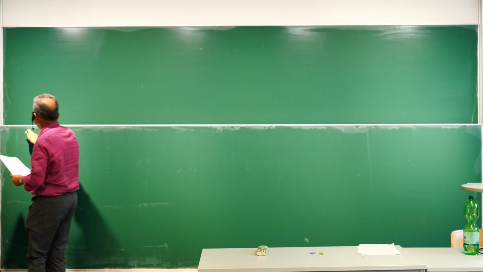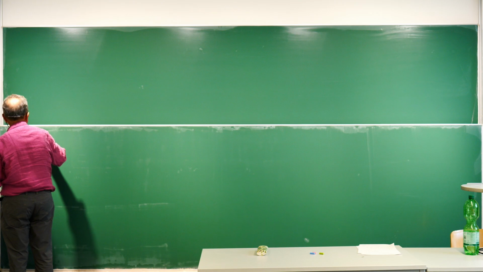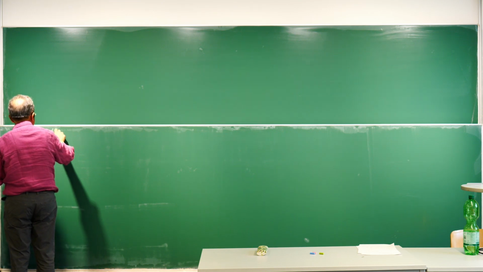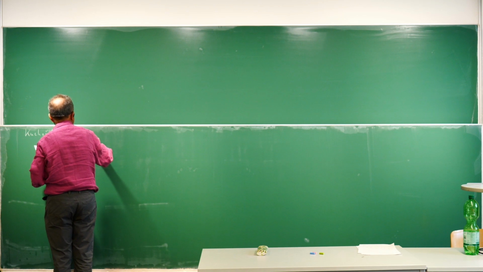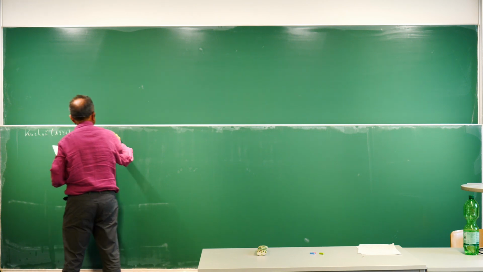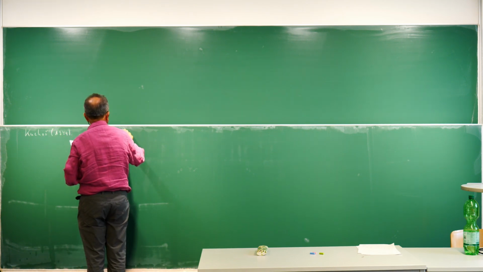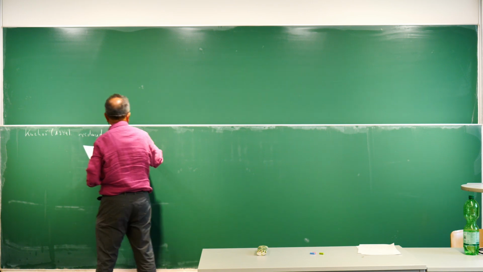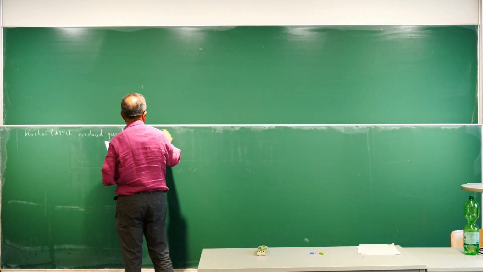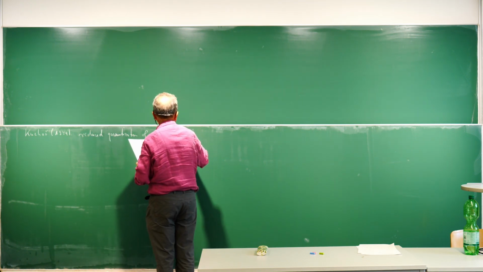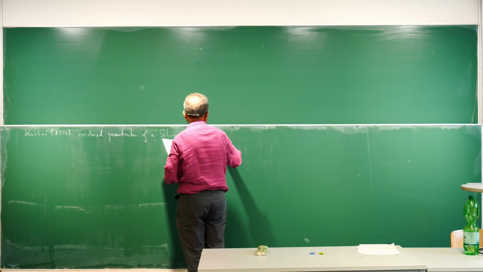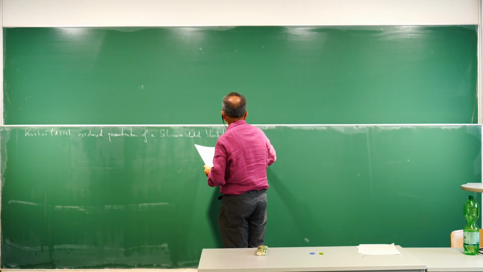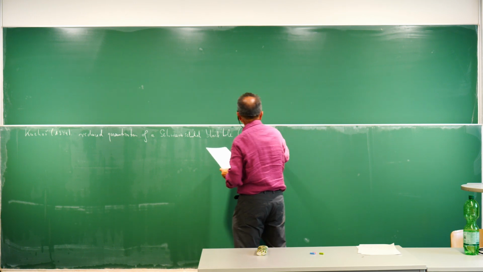So this is a paper by Karel Kuchař from 1994, and he had a reduced quantization of a Schwarzschild black hole without other degrees of freedom.